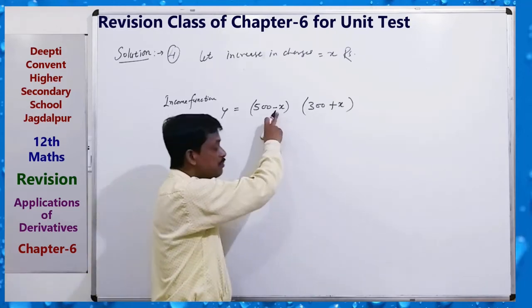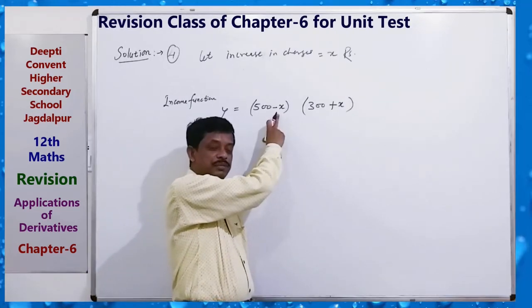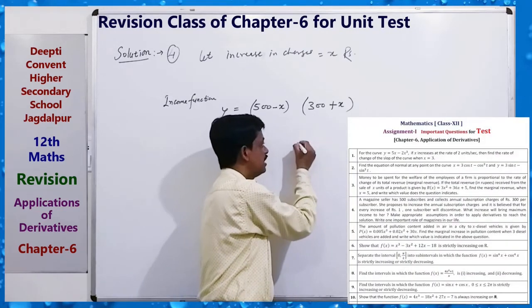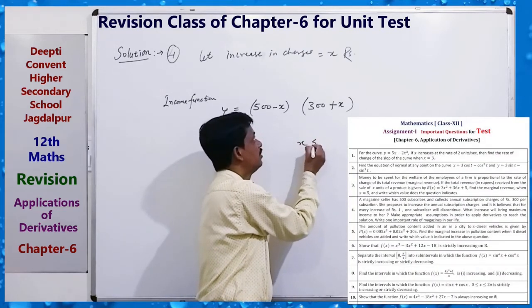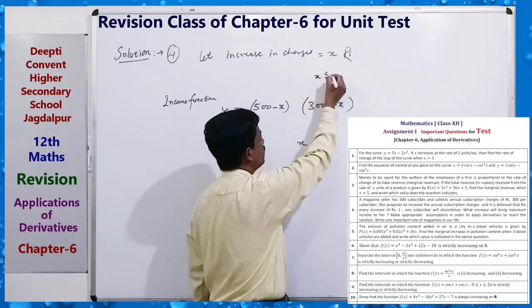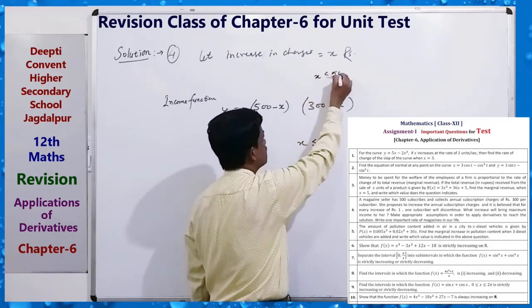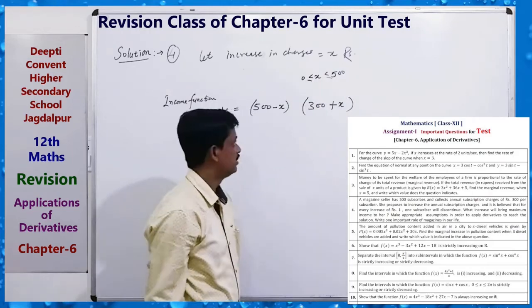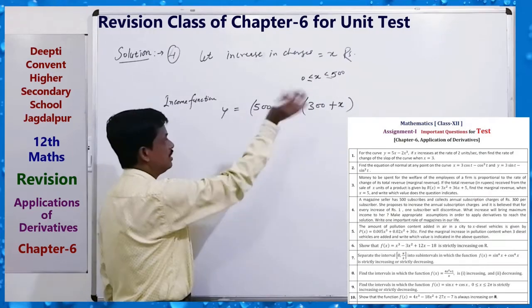Here X may be a value between 0 to 500, less than 500 and greater than or equal to 0. So this is the income function.